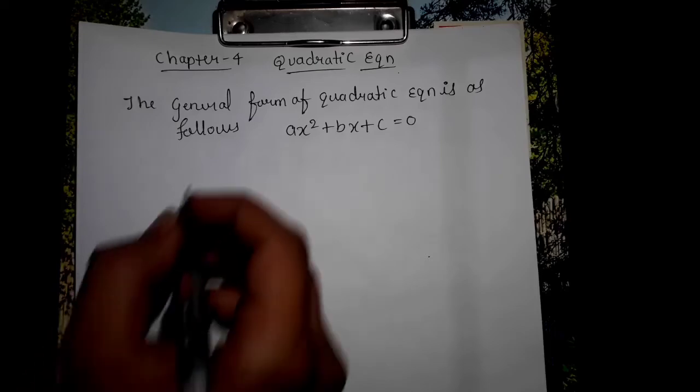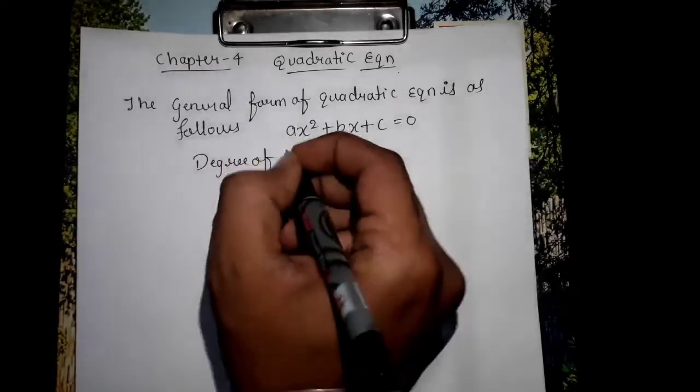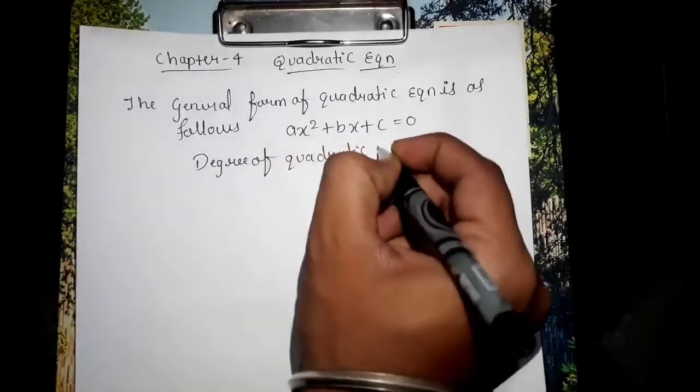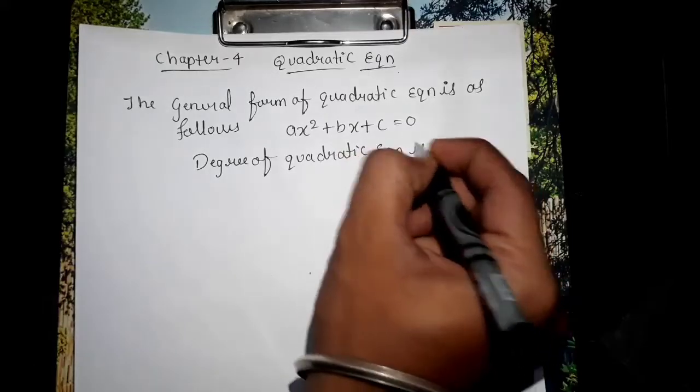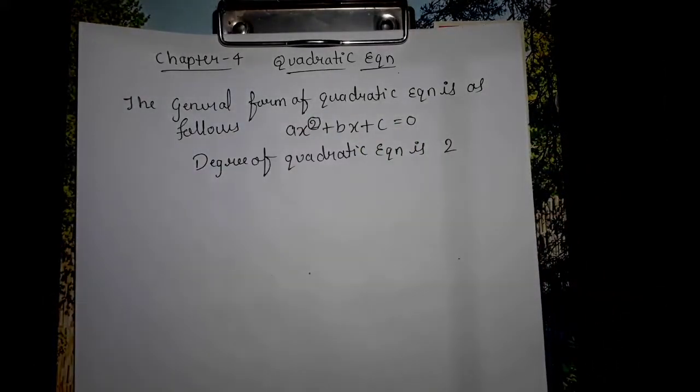The degree of the quadratic equation is 2, that is this one. As we have also learned, the degree of the quadratic polynomial is 2. Similarly, the degree of quadratic equation is also 2.